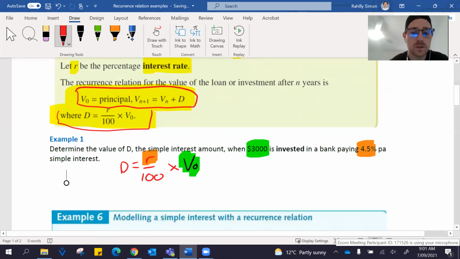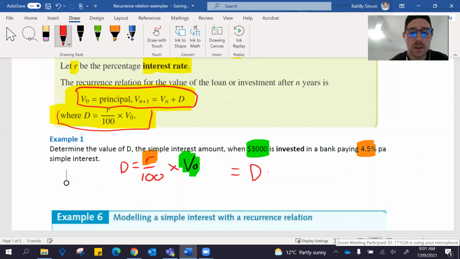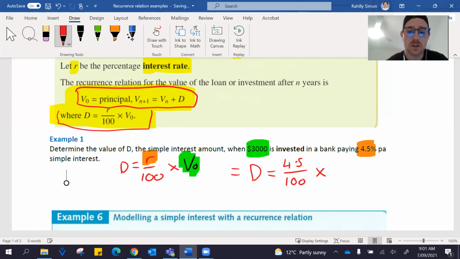So to solve this for this actual question, it would be D equals 4.5 over 100 times 3,000. Now you'd put that into your calculator and that would give you the answer.